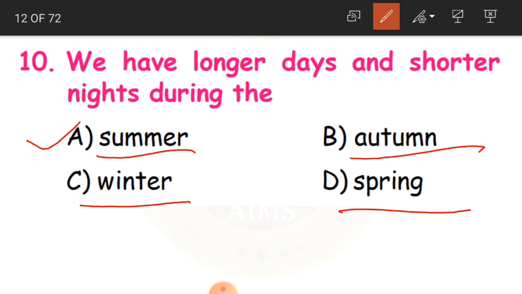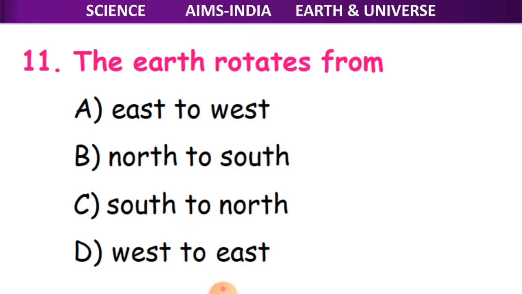But in winters, even until 6 or 6:30 in the early morning it is dark outside. And by the time evening 5:30, at least by 5:36, it's dark outside again. So that is why summer is the correct answer.